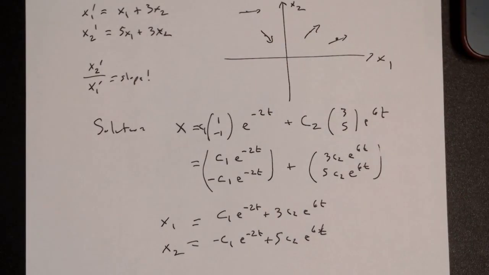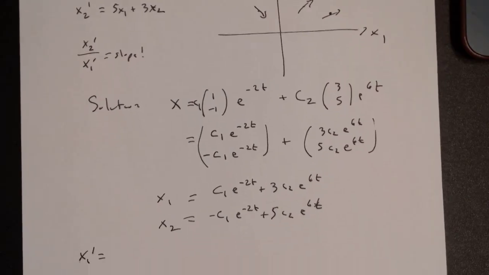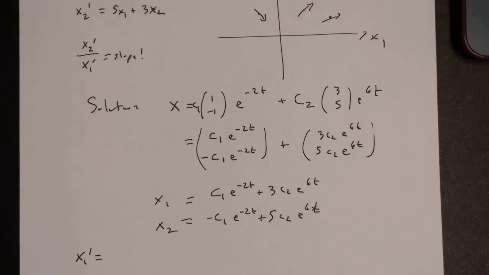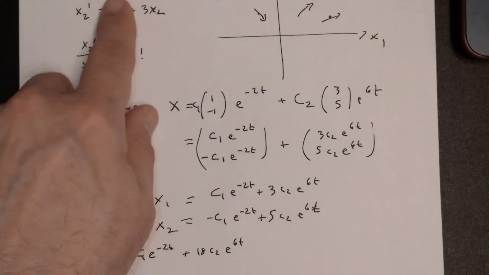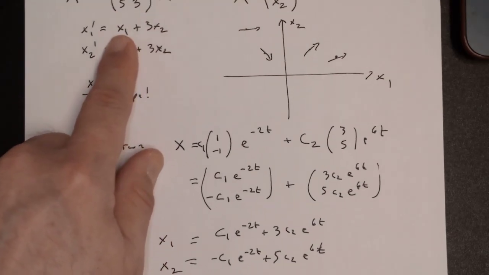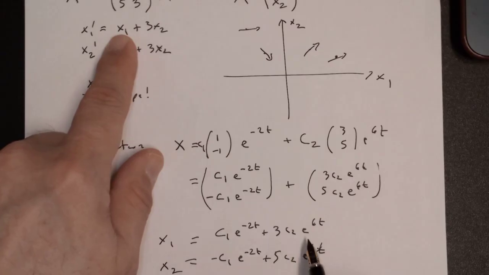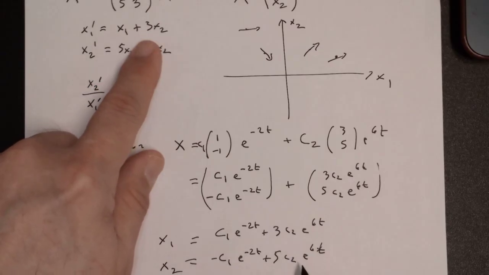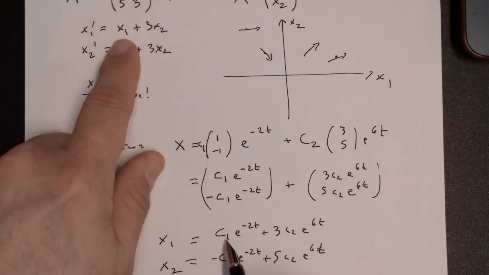What is x1 prime? And if I take, let me go back up here, if I take x1 and add 3x2s, well, that'll be one of those and three of those. That'll give me minus two of these.